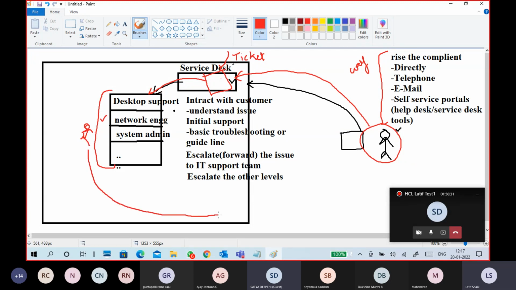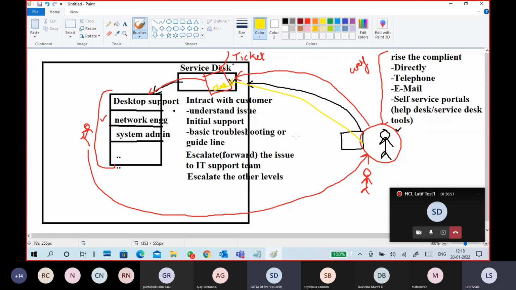If it is not solved from their end, sometimes you have to send a person to the customer premises and make sure the problem is rectified or solved. Once the problem is solved, inform the service desk and close the ticket.